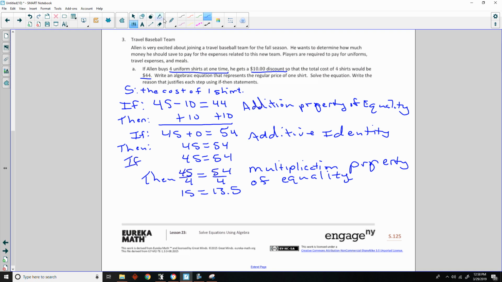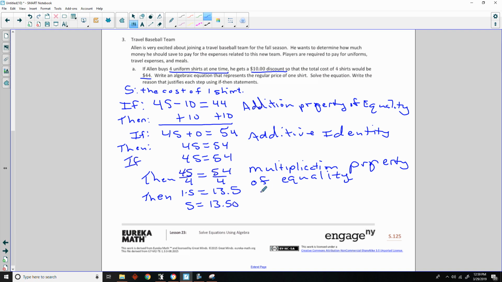And then I would say if 4s over 4 equals 54 over 4, then 1 times s equals 13.50, that's an s by the way. And then I'd say if 1s equals 13.50, then s equals 13.50.